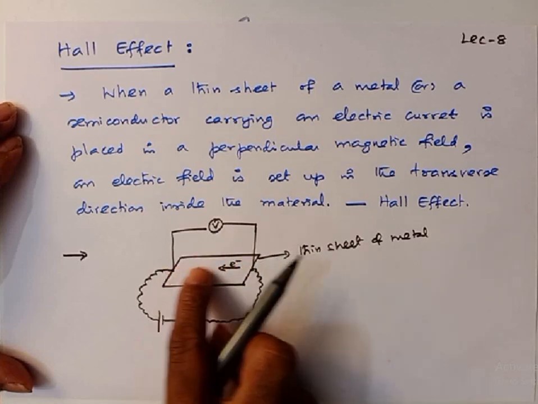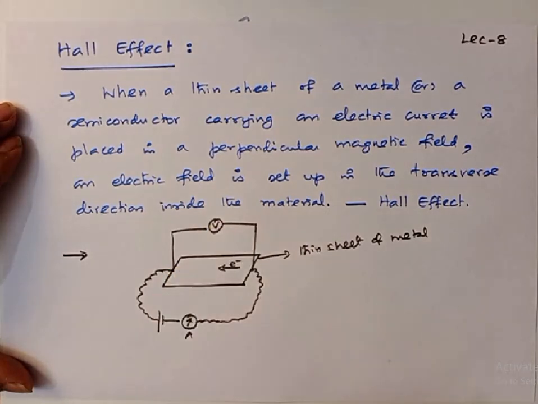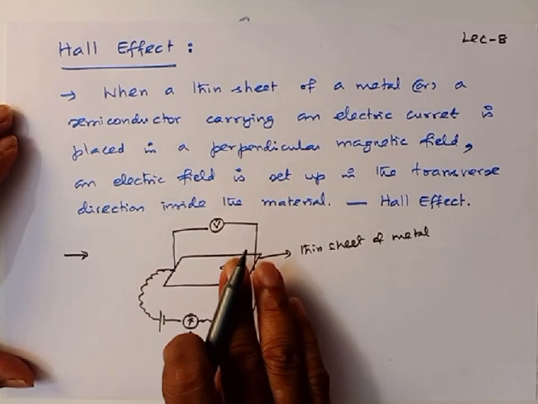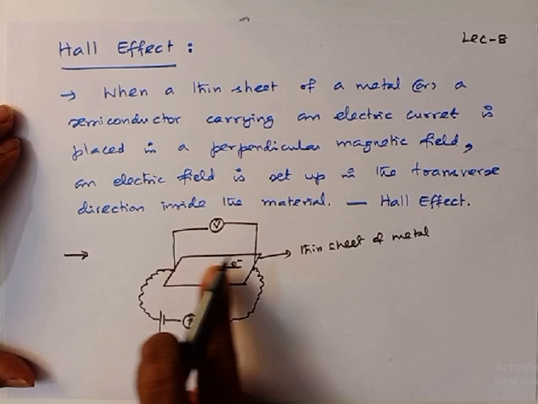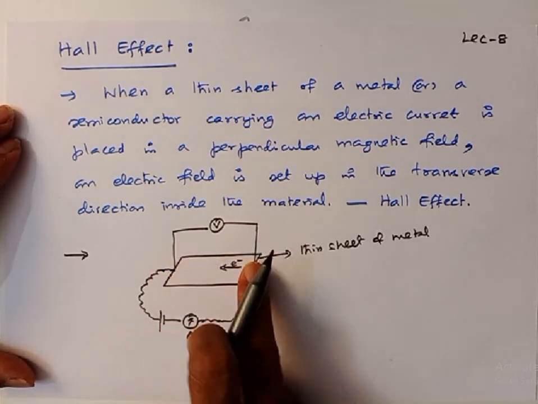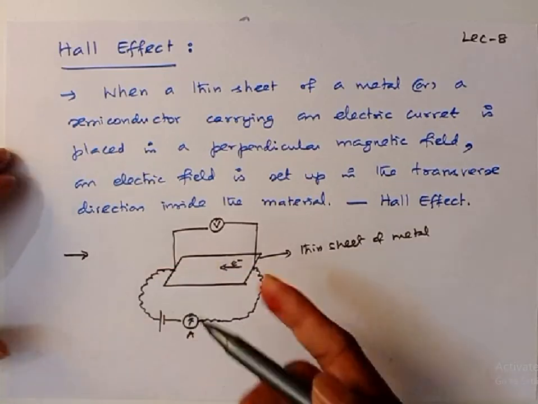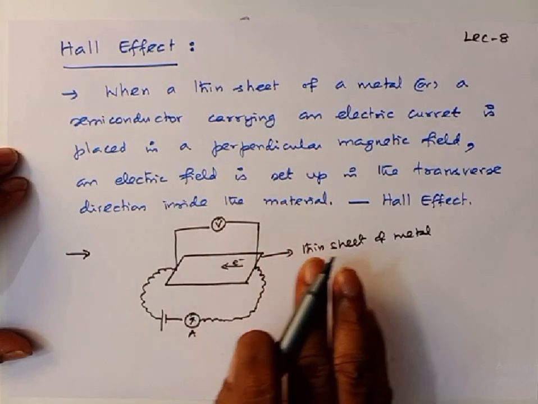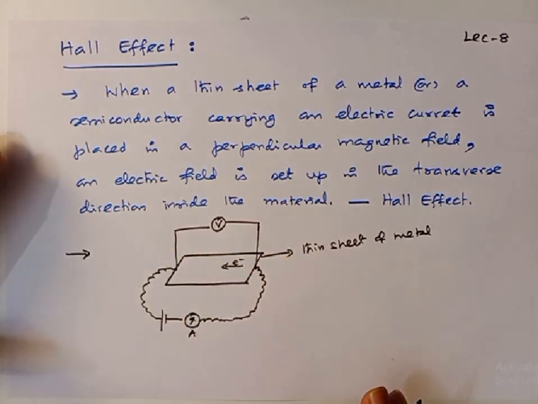The electric current is flowing in this direction and the electric field is in this direction. By convention, if electrons move in one direction, the electric field is actually existing in the opposite direction.